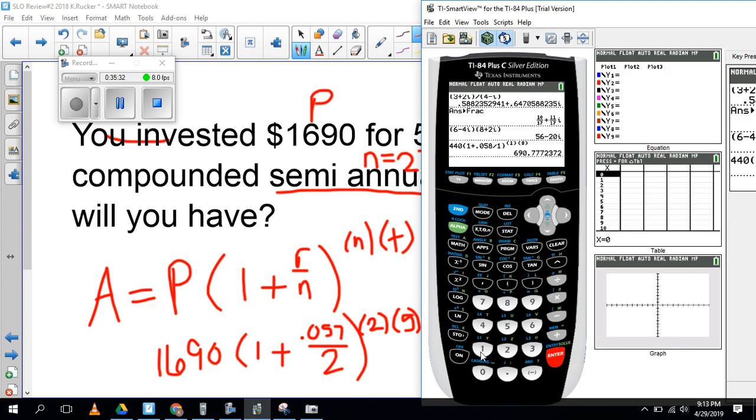So we do 1690 parentheses 1 plus 0.057 divided by 2 raised to 2 times 5 over here. We press enter. Okay, so that's 2,038 and 35 cents.